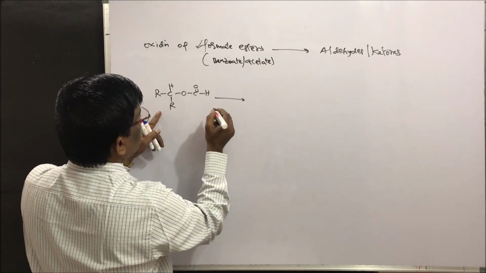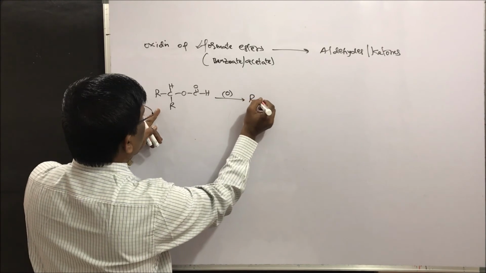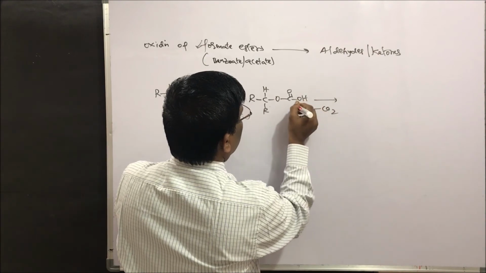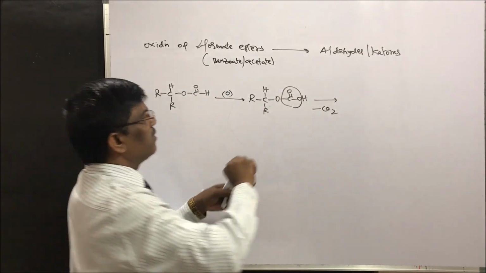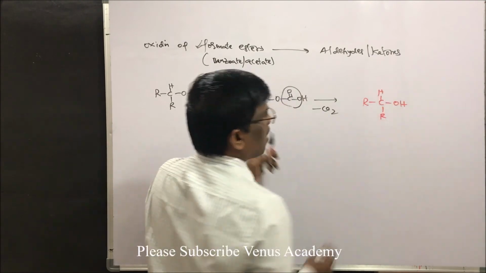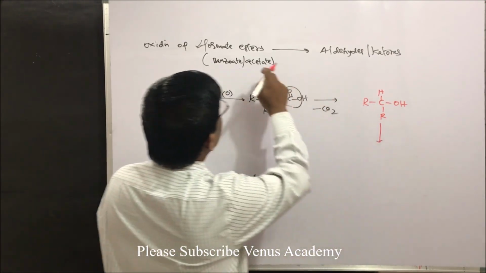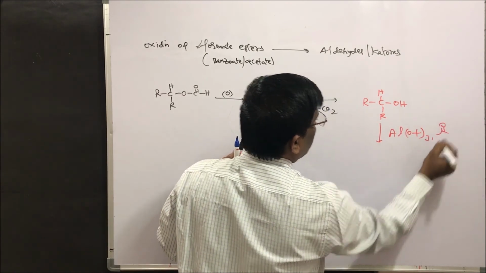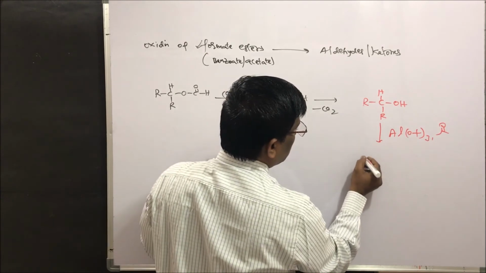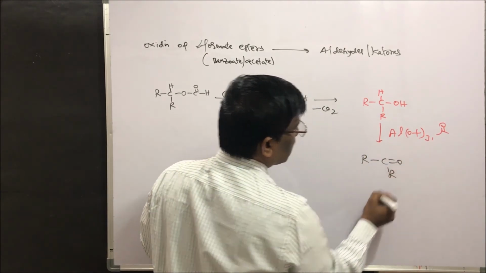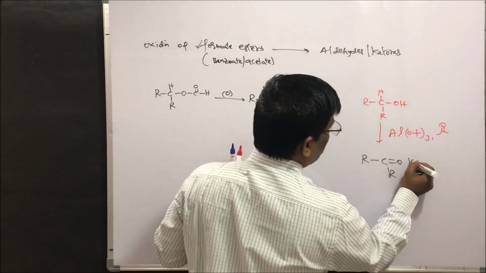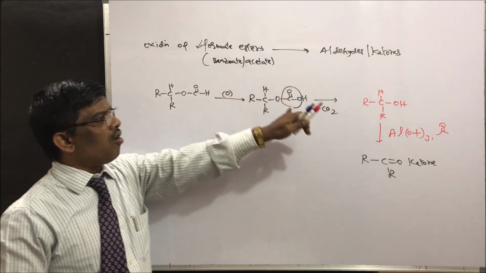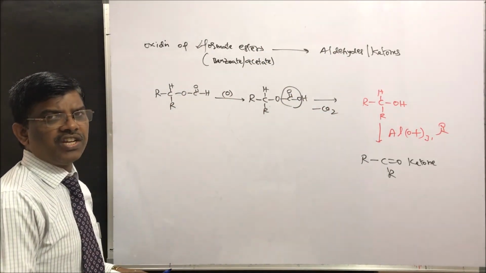During this oxidation, it is going to be converted into this acid group, and now it is going to lose carbon dioxide to give the alcohol. This alcohol, in presence of aluminum tertiary butoxide in acetone, is going to be converted into the carbonyl compound, whether aldehyde or ketone. So it is a ketone we are going to get. Yes students, this is how formate esters can be oxidized using Oppenauer oxidation.